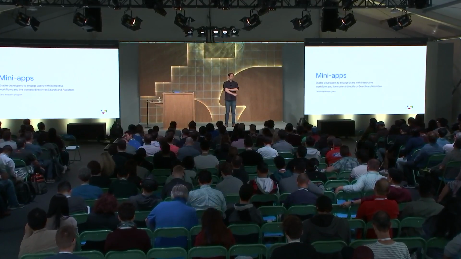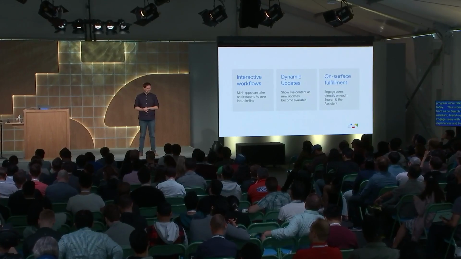So mini apps. They enable developers to engage users with interactive workflows and live content directly on Search and Assistant. And this is a brand new early adopters program that we're talking about today. This is brand new from us on Search and the Assistant. Brand new ways to engage users with interactive experiences and live content. Remember, they've got 3 key capabilities we wanted to introduce.